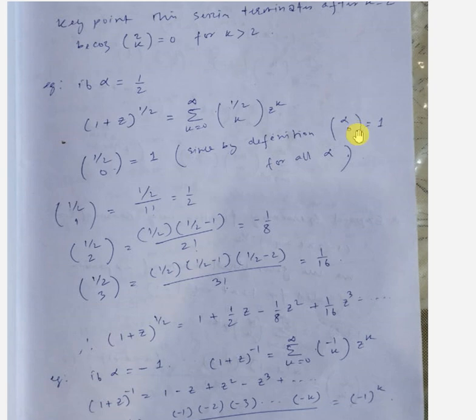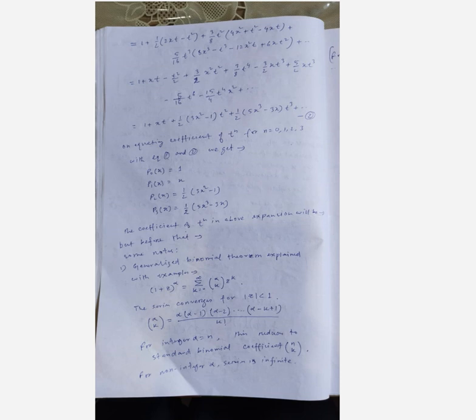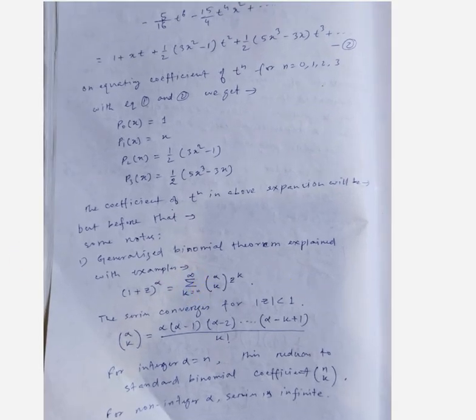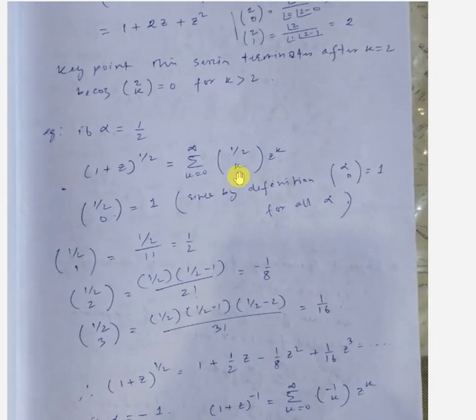And half choose 1 will be half, because the formula will be different. The formula will be half minus 1, half minus 2, divided by k permutation. So k is 1 permutation and this should be half only.